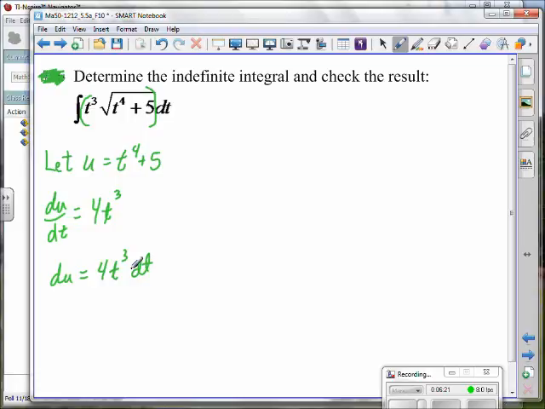Now, what I am wanting to do, you see this dt up here, this differential t, and you see this t cubed? I'm going to rearrange. It's multiplication. Multiplication is commutative. So I'm going to rearrange. I'm going to make this t to the fourth plus 5 to the 1/2 power. And I'm going to put together now t cubed dt.